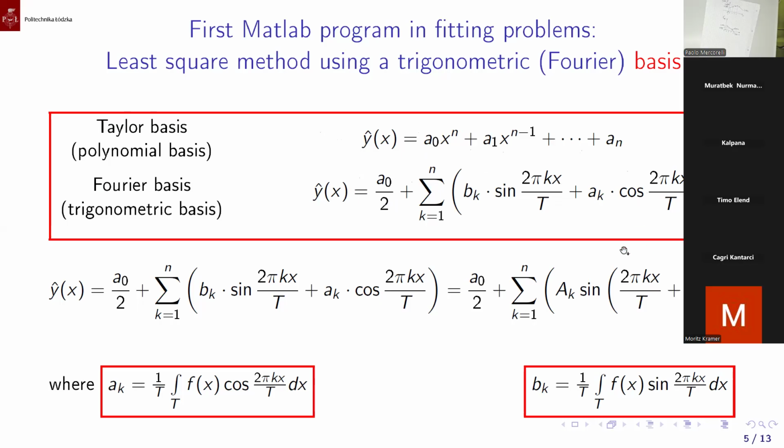Let me compare. These are two possible definitions. We have a constant part, A0 divided by 2, AN. Do you remember this represents the mean value? Do you remember we have seen? This depends on n: it is the mean value if you have a polynomial of degree zero, otherwise it is the crossing parameter if x is equal to 0.